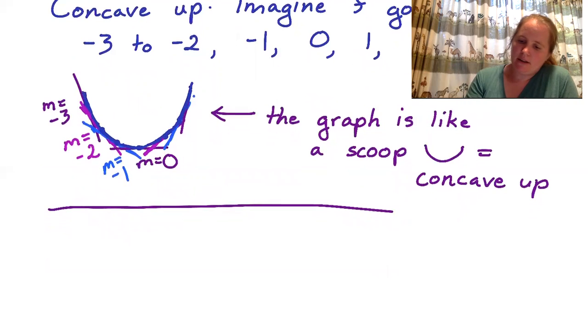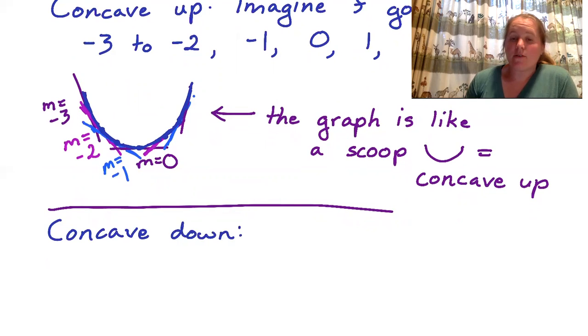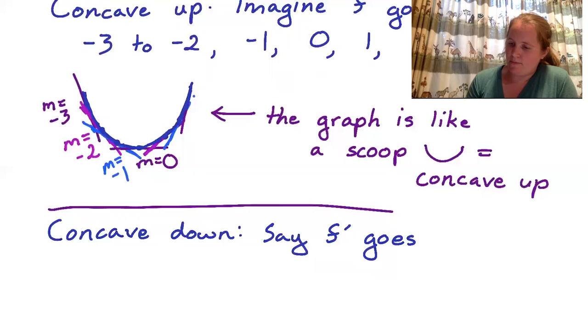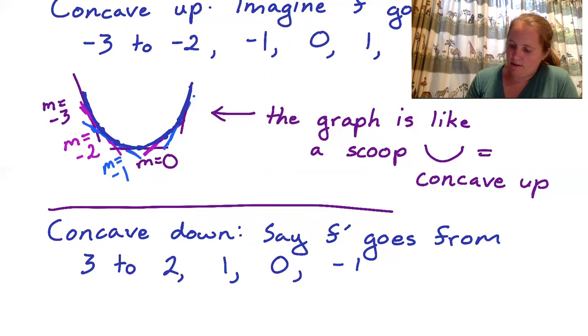For concave down, let's go the other way. So let's say that f prime goes from +3 to 2 to 1 to 0 to -1 to -2 to -3.